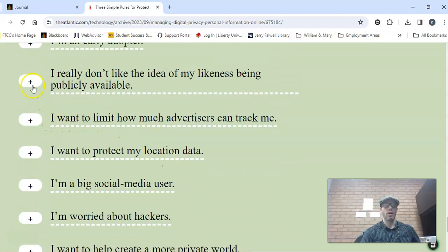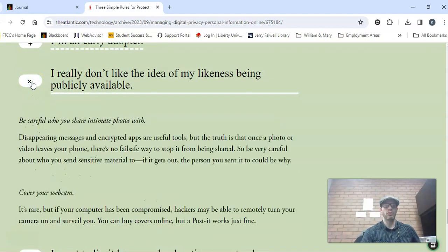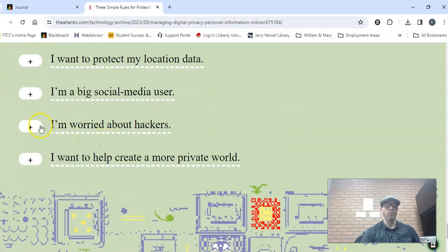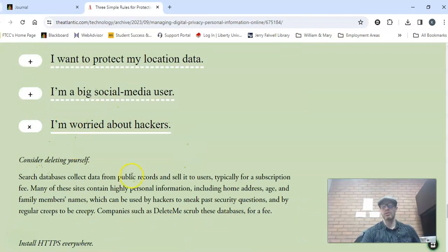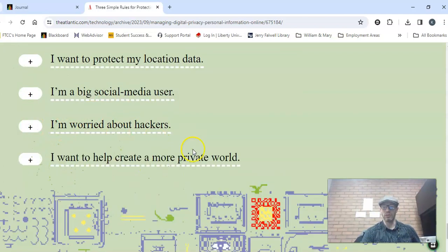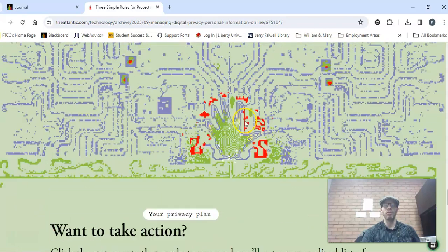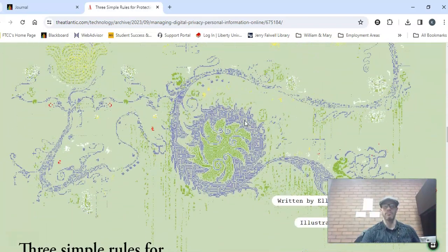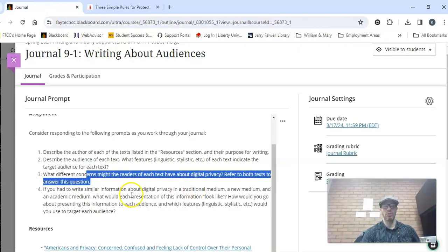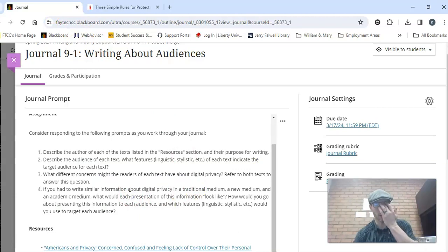Or I'm an average user and I don't want my likeness, meaning like my photos of me being online, or I'm worried about hackers. So these are all things that you could reference for concerns that people who look at this page might have.